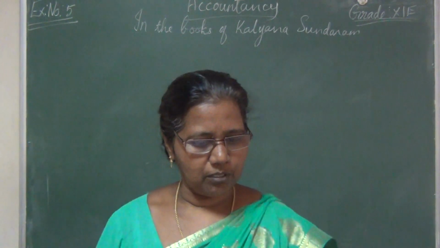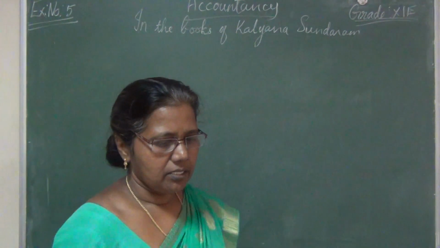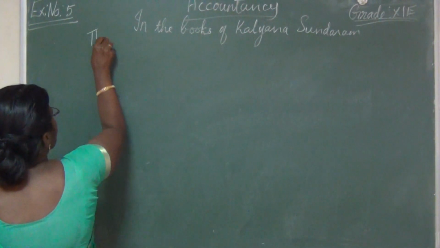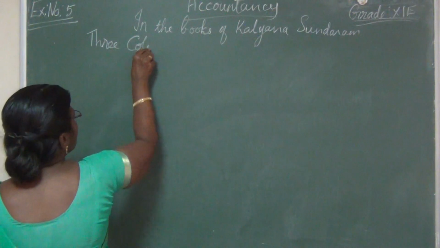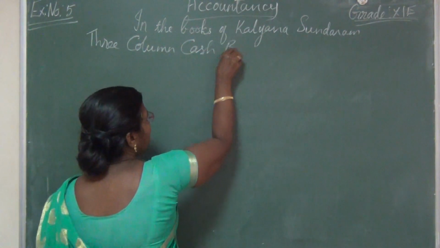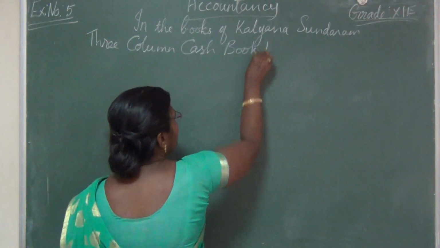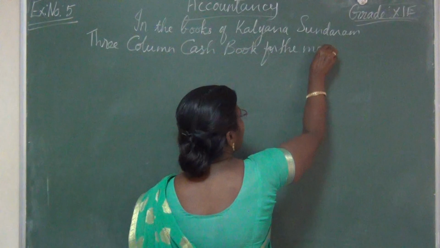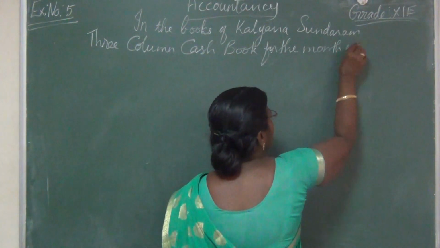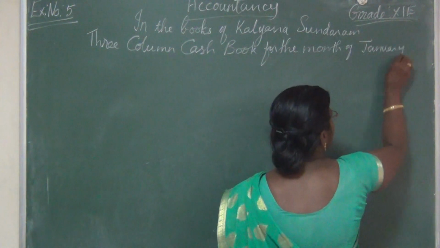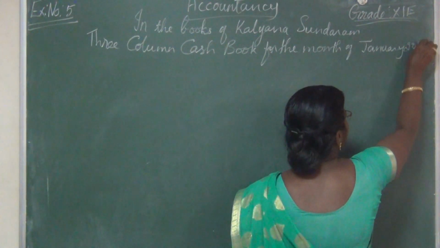Three-column cash book we have to write for the month of January 2017. Three-column cash book for the month of, simply we can write 3-column cash book also. January 2017.